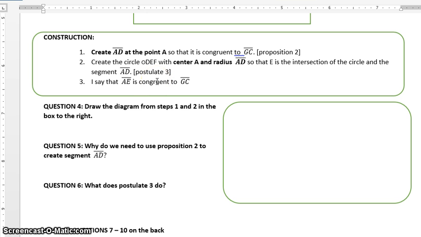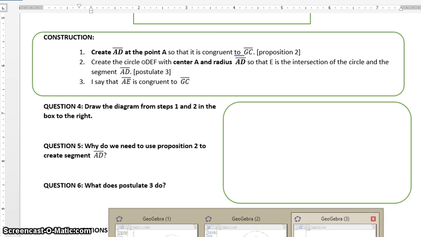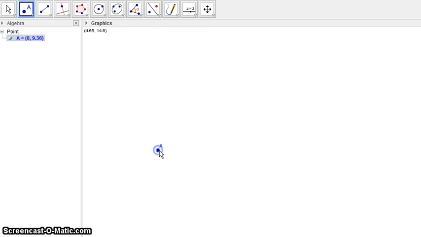Alright, we're going to start our construction over, and then we're going to create segment AD at point A so that AD is congruent to GC. Then we're going to create a circle with center A and radius AD, and point E is going to be the intersection of the circle. Let me show you what that will look like. In GeoGebra, I start off with A, B, and connect them.